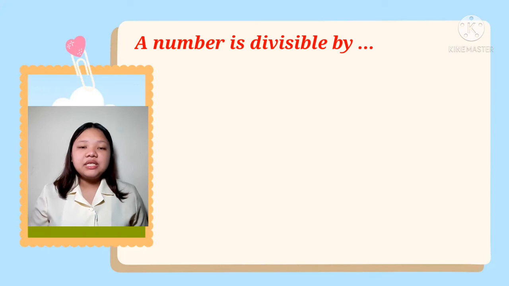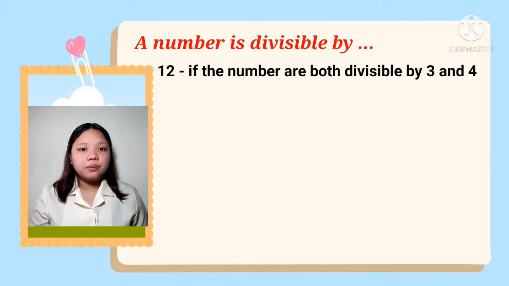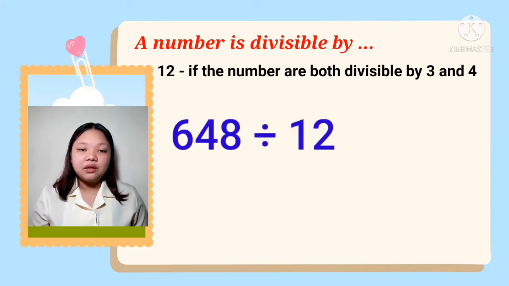And now, a number is divisible by 12 if the number is divisible by both 3 and 4. So, for example, 648 divided by 12. So, the first step is to identify if it is divisible by both 3 and 4. For the divisibility rule of 3, let us see if the sum of the digits is a multiple of 3.